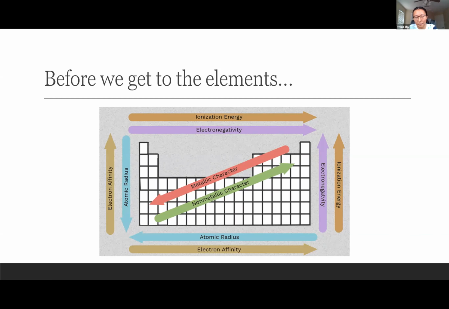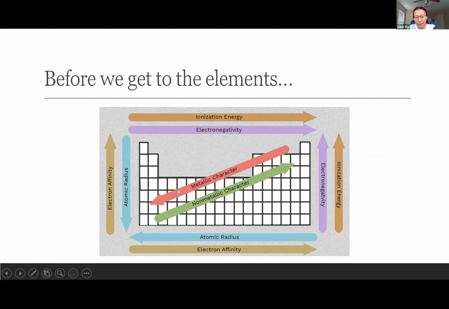Atomic radius means how large the atom is. You might notice that as you go down, as you add more and more shells, the atom obviously gets fatter, it has more electrons. But at the same time, the fattest atoms are actually the ones on the left side of the periodic table.